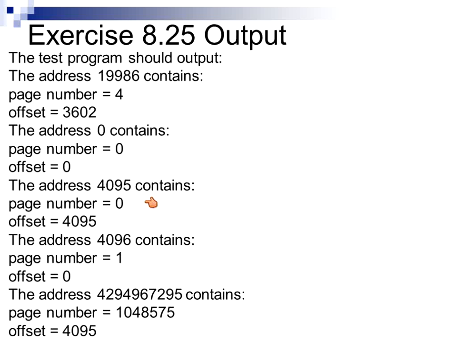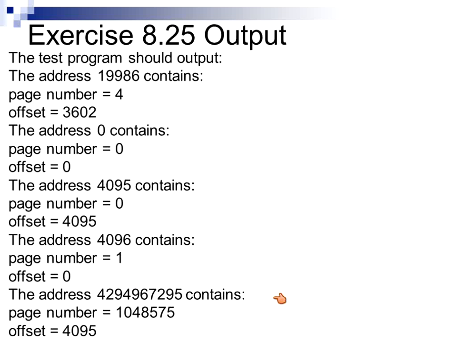If I get an offset or an address of 4095, I know I'm in page 0 at the very last byte of that page. And if I get to address 4096, I'm in page 1, offset 0, because I'm in my second page. If you count the first one as 0, the second page is 1.